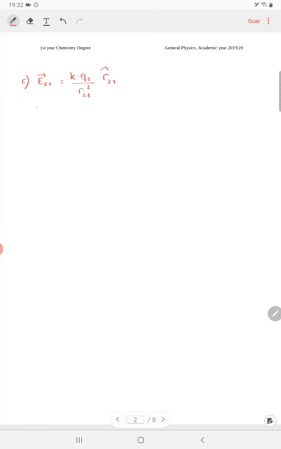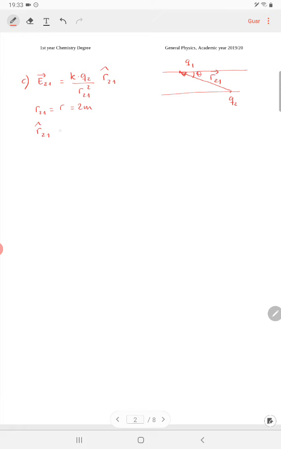So we already know that R21 is the distance between charges, which is R, which is 2 meters. And here we have to discuss which is this direction. So if you remember, we had the first charge here, and then we had the second charge here. So now this vector is going to be this one. This is R21, going from 2 to 1. So as we said, this is theta.